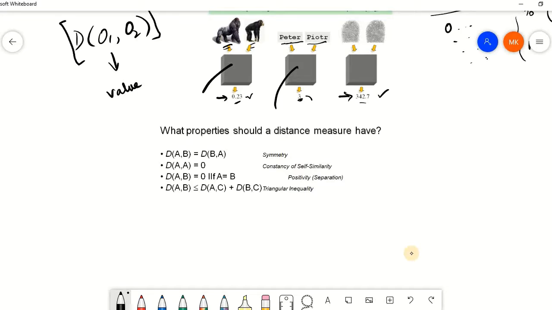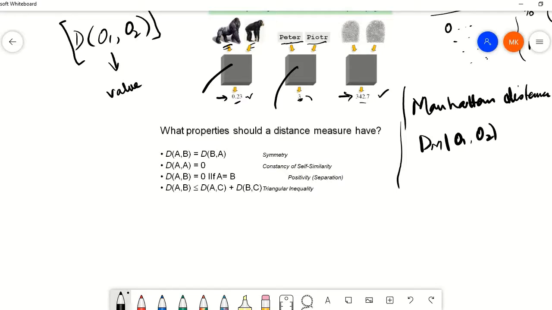Okay, so we said we can use any of the distance measures. I can just provide some of the popularly used distance measures for numerical data. For example, we may have Manhattan distance, where the Manhattan distance between objects O1 and O2 is basically the distance between all the corresponding features of the two objects.